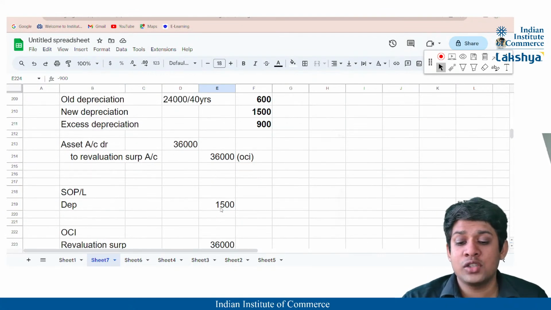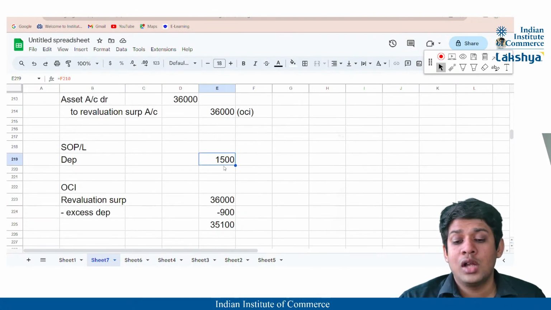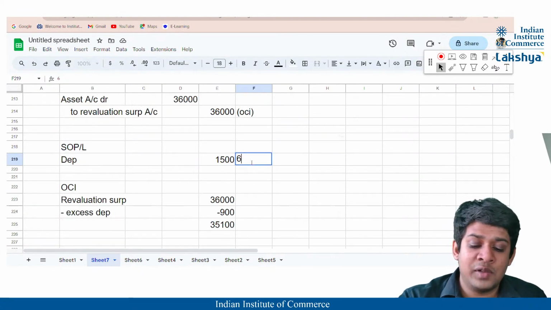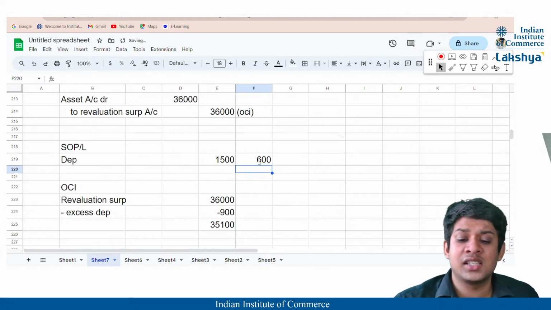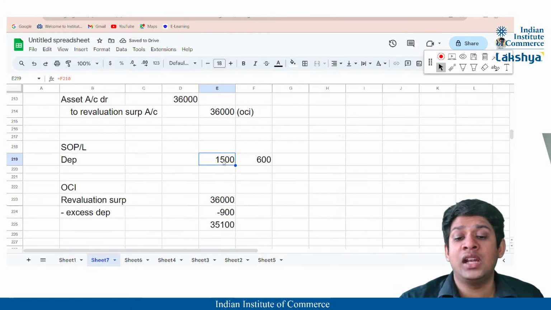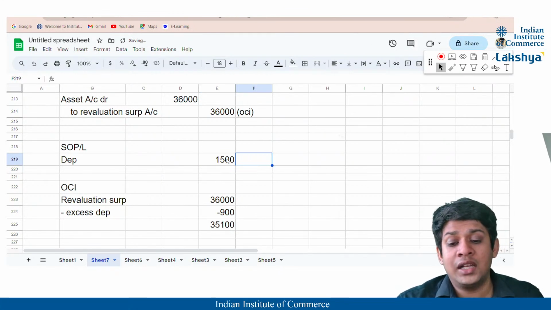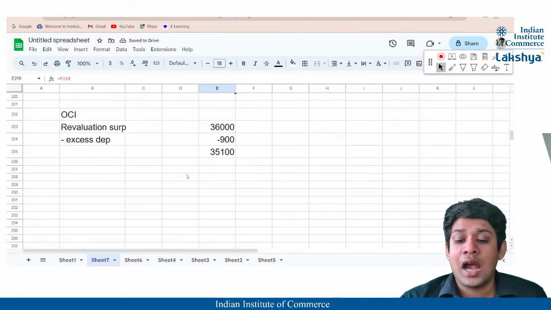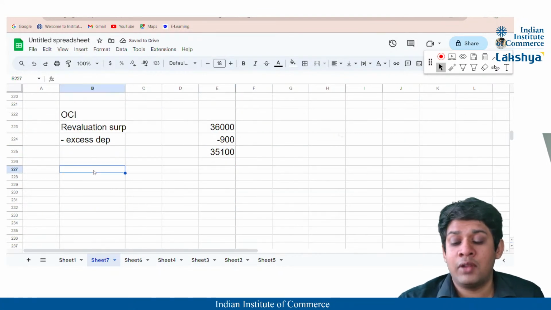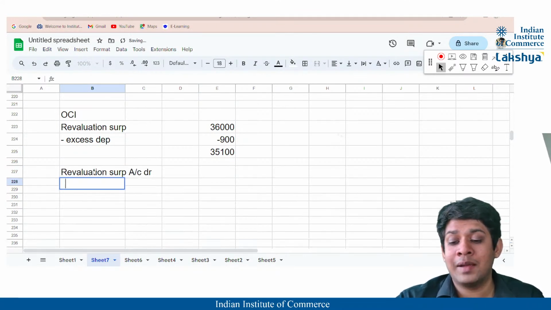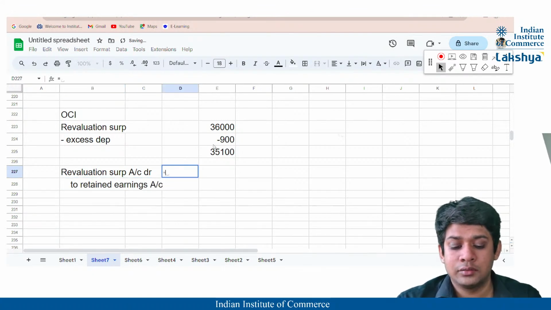Technically, my profit is reduced by 1500, correct? So, it should have been reduced in the name of depreciation only by 600, but I have reduced by 1500. So, I will technically take it back, right? I will take it back. So, the journal entry that I will pass, I will remove that 900 from my revaluation surplus. So revaluation surplus will be deducted by that amount, and I will take it back to my retained earnings. I will add it to my retained earnings, that 900.